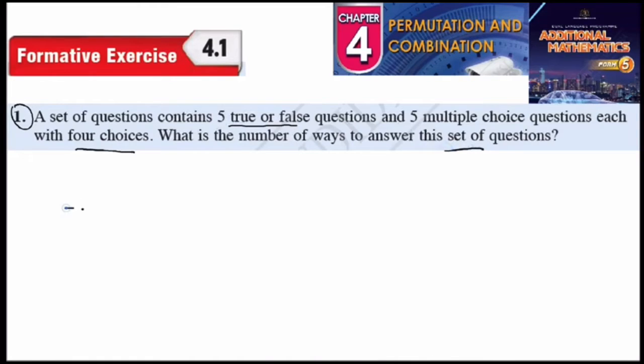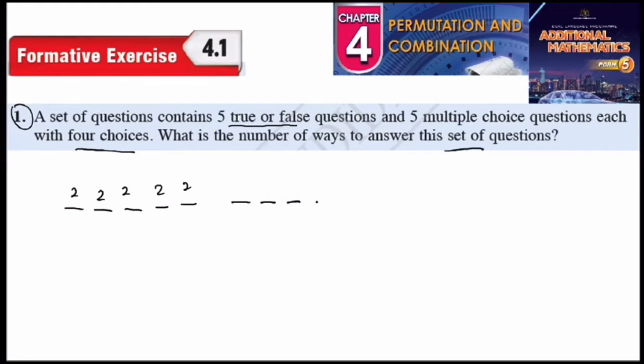We have 2 ways to answer each of the 5 true or false questions. So we draw 5 spaces, and for each we have 2 choices, either true or false.